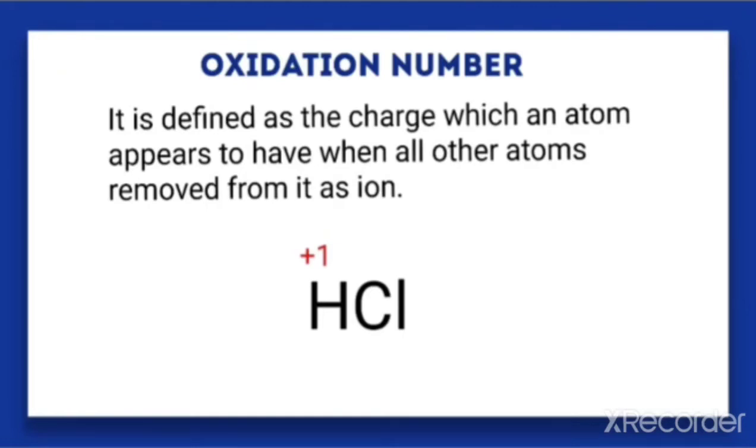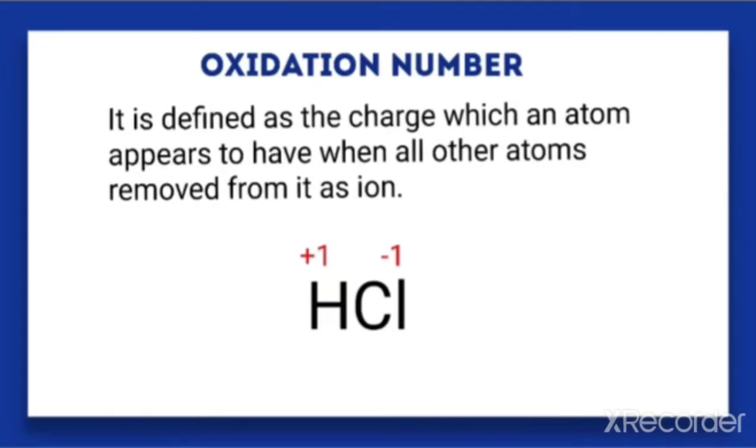Because the whole molecule is neutral, when H plus is removed, it develops a negative charge on the Cl. So what is the oxidation number of Cl here? That is -1, because the hydrogen has a +1 charge.